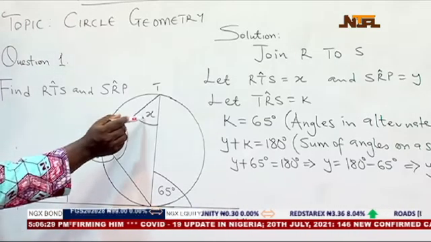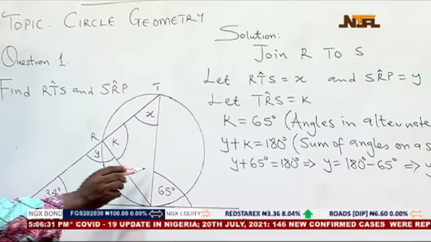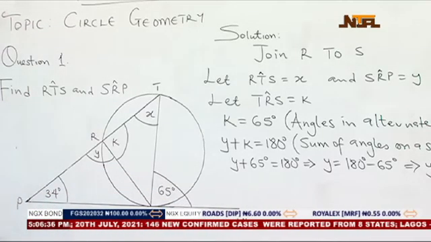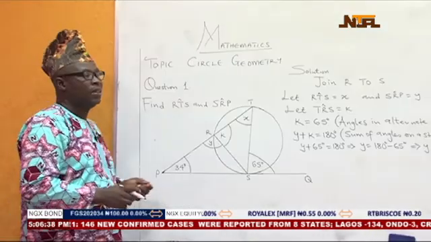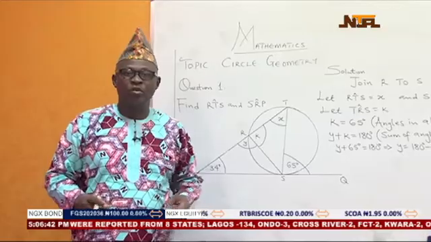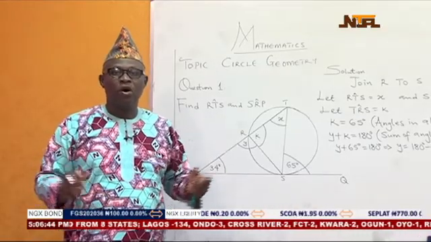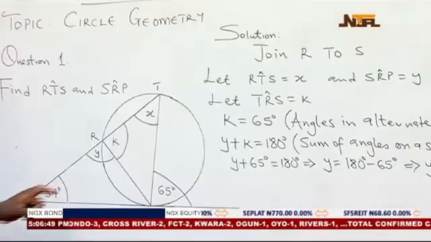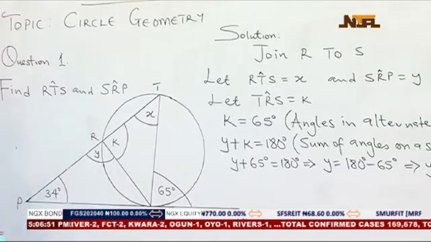I can say x plus 34 is going to be 65. The property I'm using is the property of a triangle that says that the exterior angle of a triangle is equal to the sum of the two interior opposite angles.